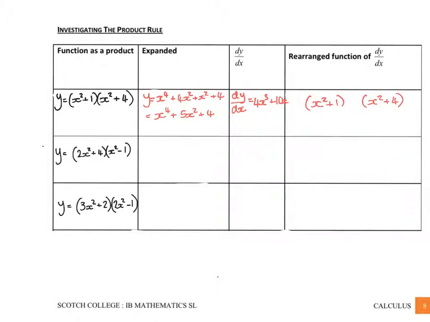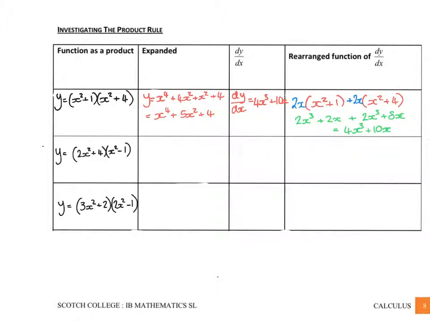So outside the front, I'm going to put 2x here, and I'm also going to put a 2x here, because when I expand that out, I would get 2x cubed plus 2x plus another 2x cubed plus an 8x, which hopefully is going to give me the 4x cubed plus 10x, which is the same as the derivative.